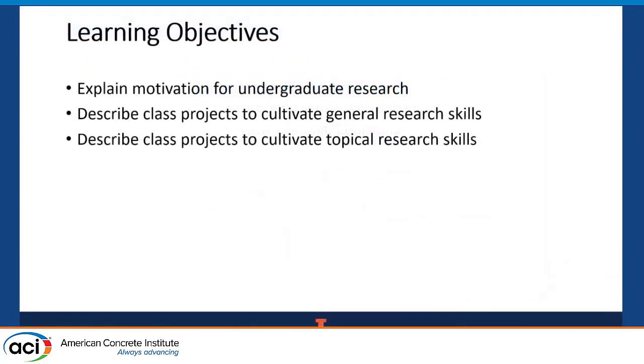First, I want to talk about the clear motivation for us to involve undergraduates in real research. The previous speakers did a really nice job of showing you some good examples of that, and I'm going to continue to reinforce that message.